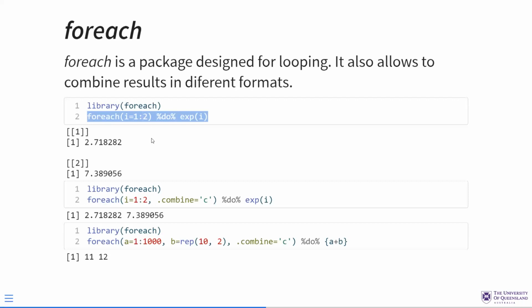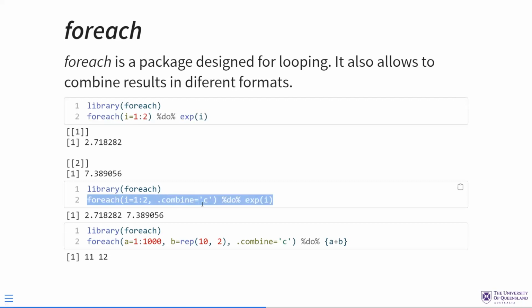Foreach by default will give you a list as an output, but it has a way to combine the outputs in different ways. So for example, in the second function, it's the same function, but I apply the combine argument, which basically combines the result into a vector.